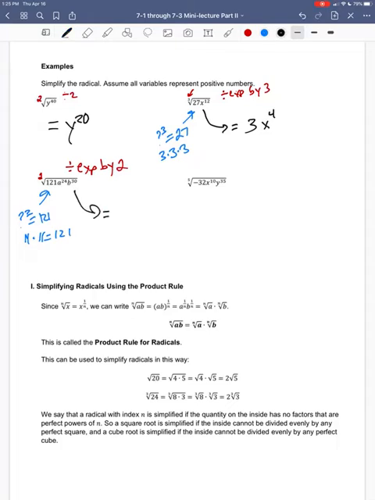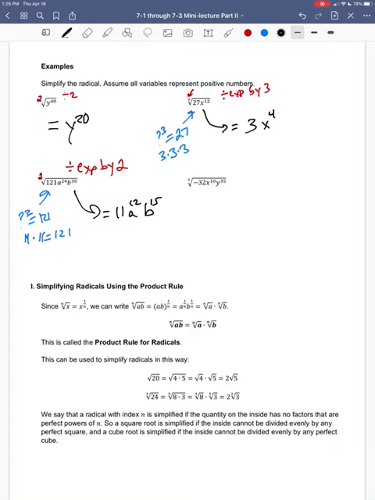So the square root of 121 is 11, and then these exponents I'm going to divide by 2. So for the a, I have to take the 24 and divide by 2. 24 divided by 2 is 12. For the b, I'm going to have to look at the 30 and divide by 2. 30 divided by 2 is 15.